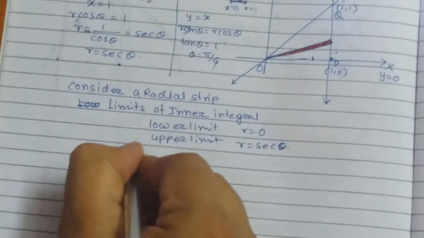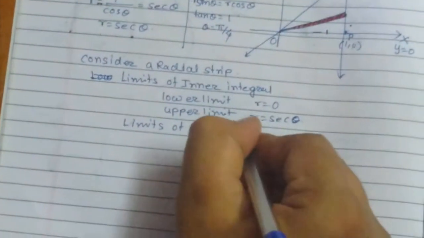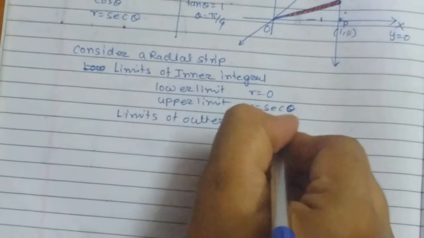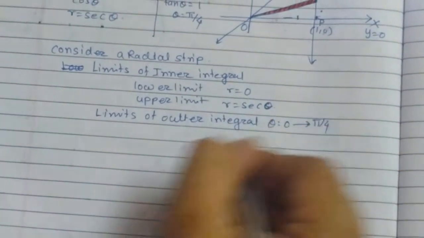And the limits of the outer integral: theta varies from 0 to pi by 4.